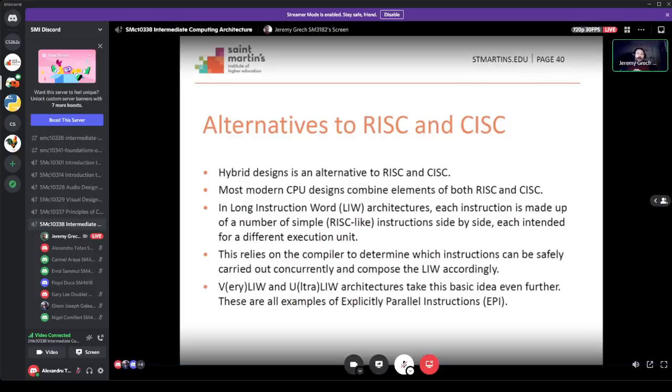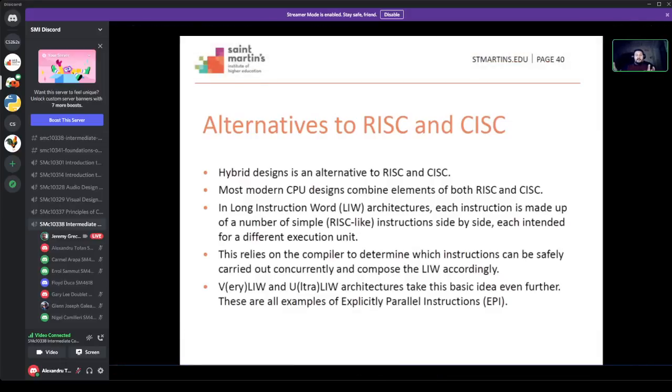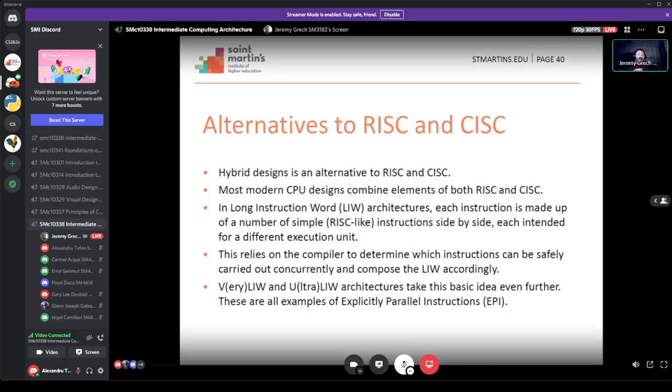But obviously that would predominantly require the compiler to create these instructions in such a way that makes it as efficient as possible for the CPU to run this.